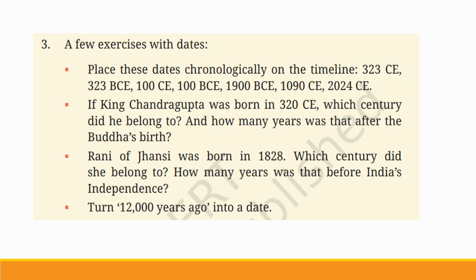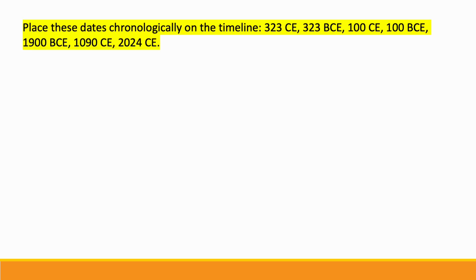Then we have a few exercises with the dates. We will see one by one. Place these dates chronologically on the timeline: 323 CE, 323 BCE, 100 CE, 100 BCE, 1900 BCE, 1090 CE, 2024 CE. So, we have to arrange these dates on a timeline chronologically. First we will construct a timeline.